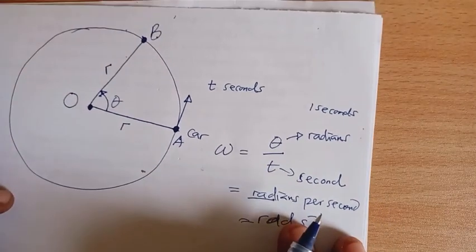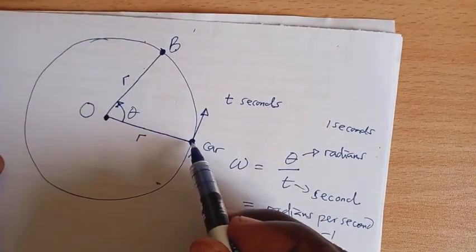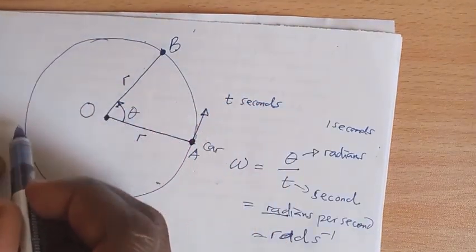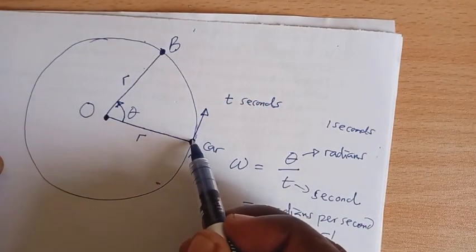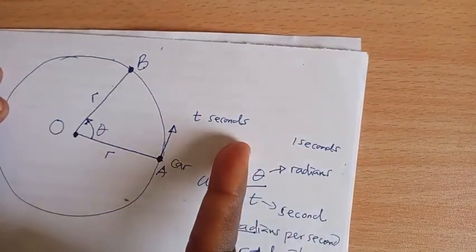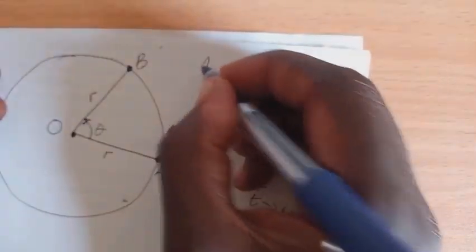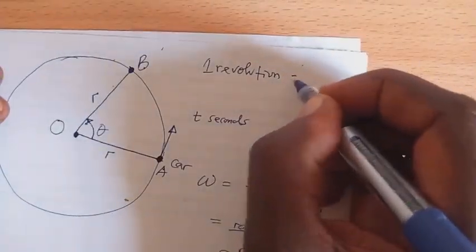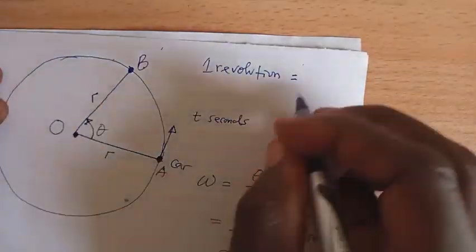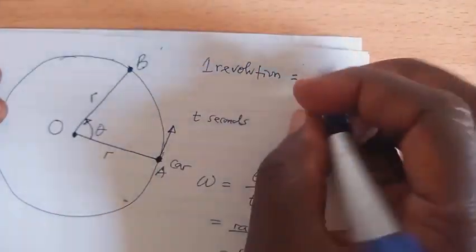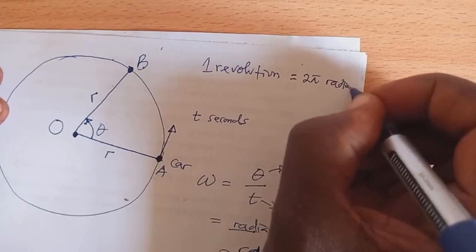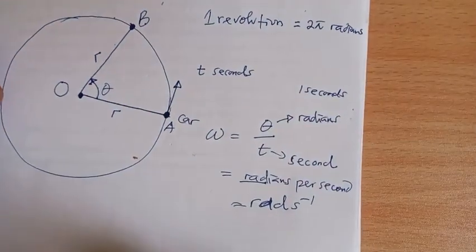Now here is something important. If the car moves from here past B and then back to A again, it has completed 1 revolution. For every 1 revolution, the angle formed is 2 pi radians. This is very important: 2 pi radians.